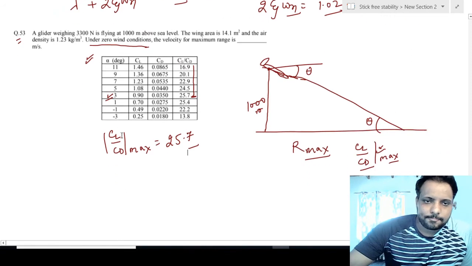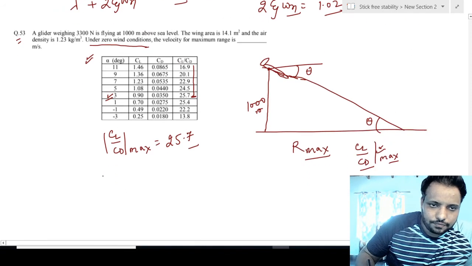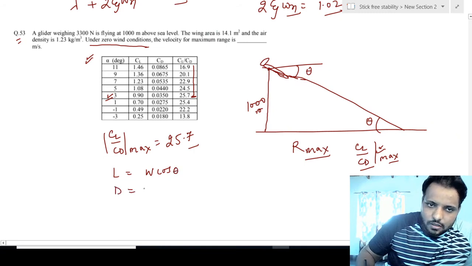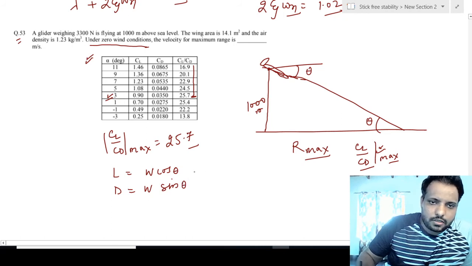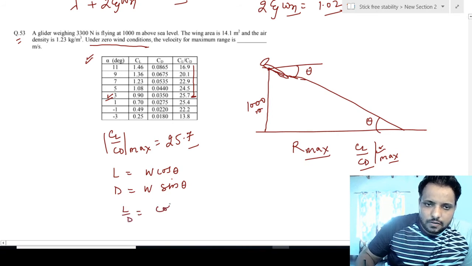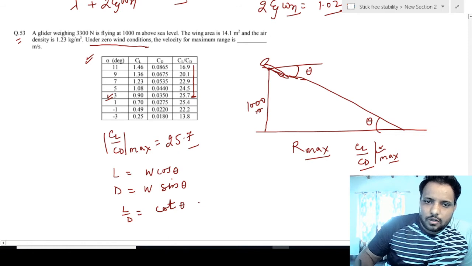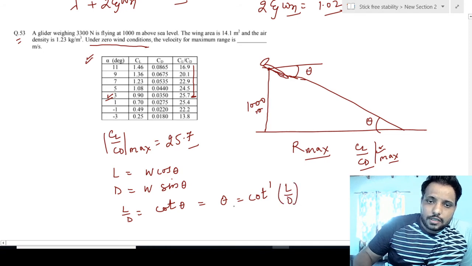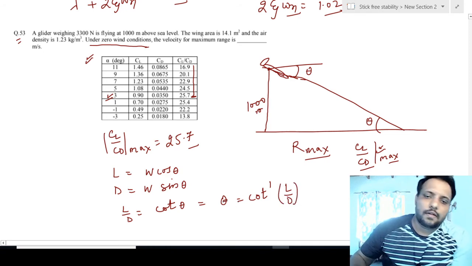I know that the equations of motion for gliding flight are L is equal to W cos theta and D is equal to W sin theta. If I divide these two equations, I'll get L by D as cot theta, or theta is equal to cot inverse of L by D. So this will give me the gliding angle.